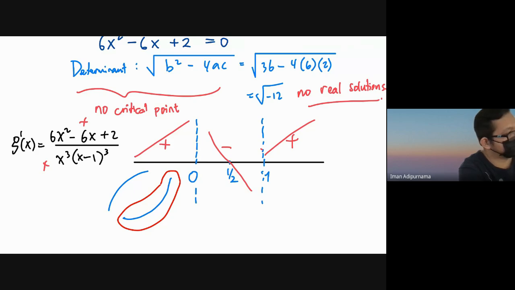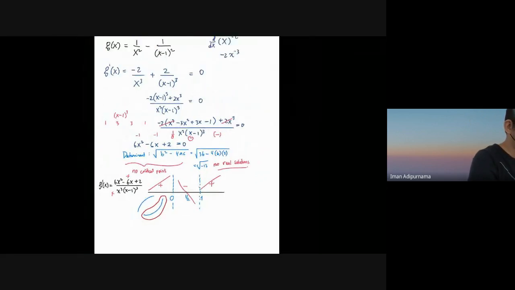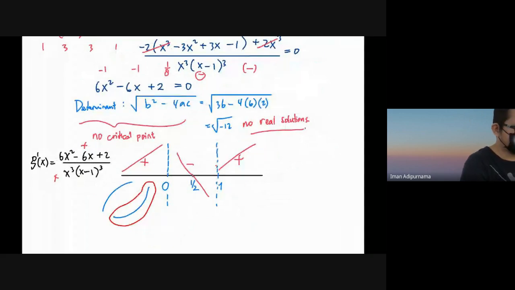So probably the only way we can think of is this one. But we need to check this middle one here. We do not have any clue how this can be drawn. So the next thing is the second derivative. Let me move to the next paper to check the second derivative.